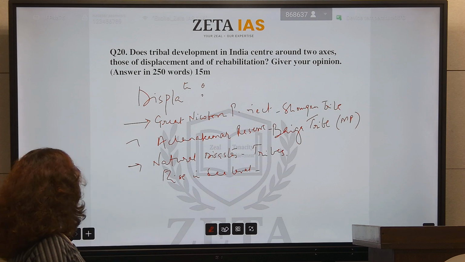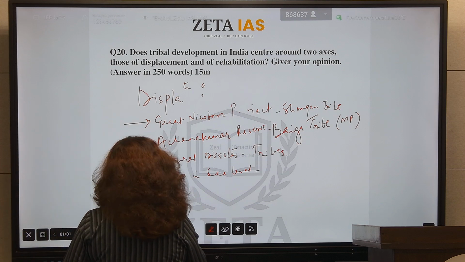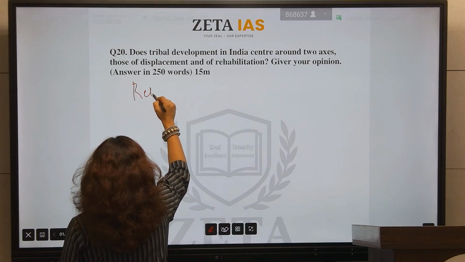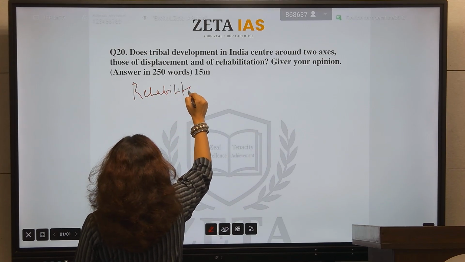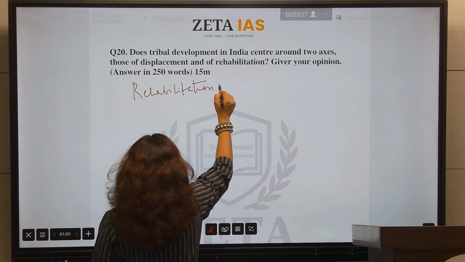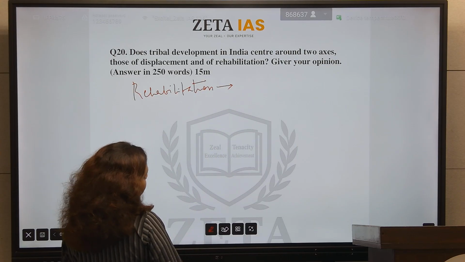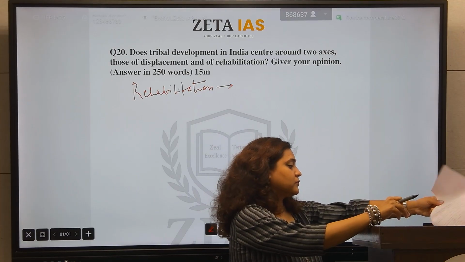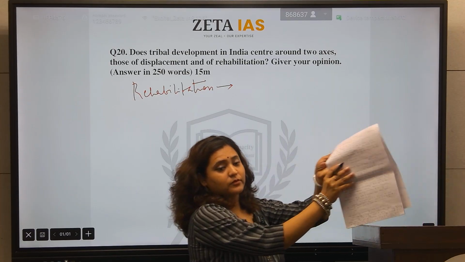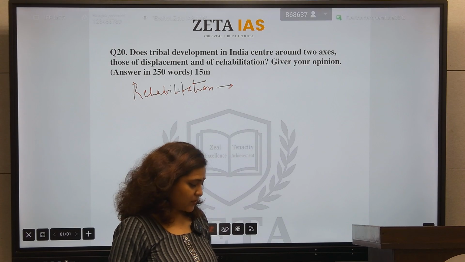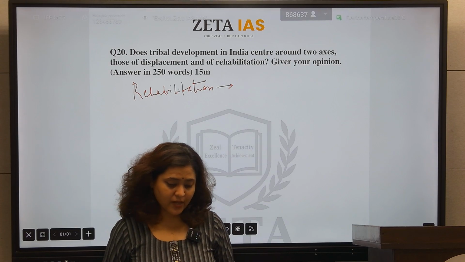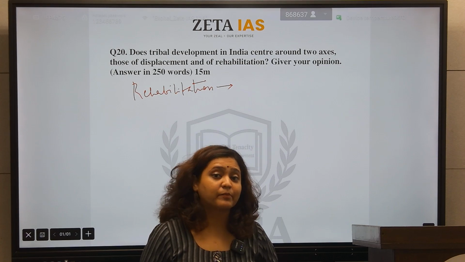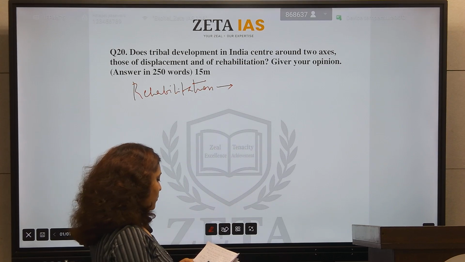And what is happening after displacement? If we talk about rehabilitation, you have the Right to Fair Compensation and Transparency in Land Acquisition, Rehabilitation and Resettlement Act 2013, which works for it.